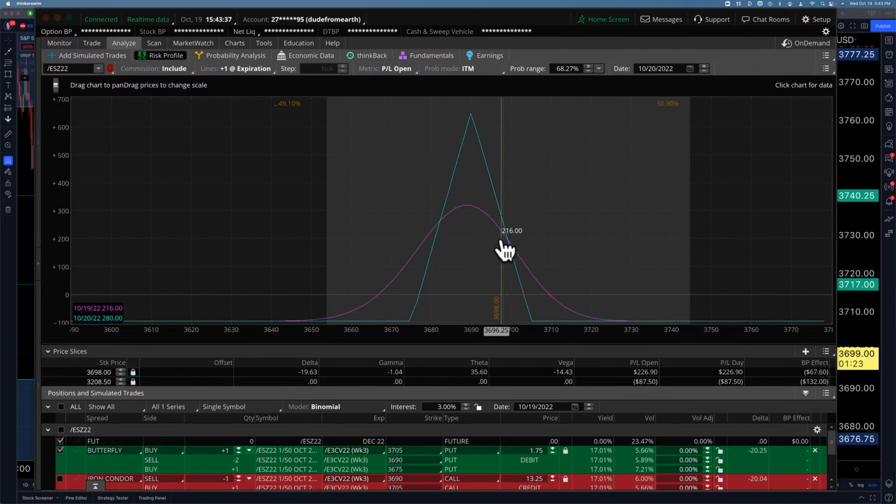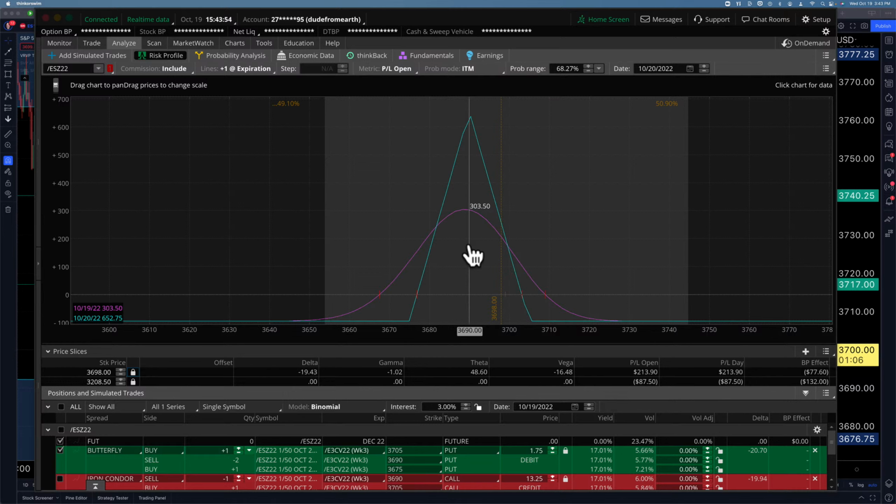But right now, that guy's worth about $220, and if I can only make another 30 or 40 bucks, I'd probably be out of that trade, unless I'm willing to gamble and see whether or not price is going to move down to the center strike at 36.90, and that's possible, but I don't think so based on the market structure and the current session POC. I think that it's more likely that we're going to move to the right.